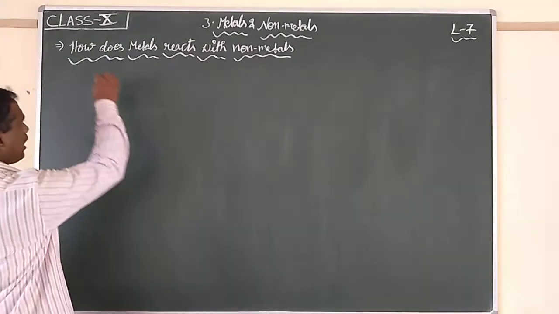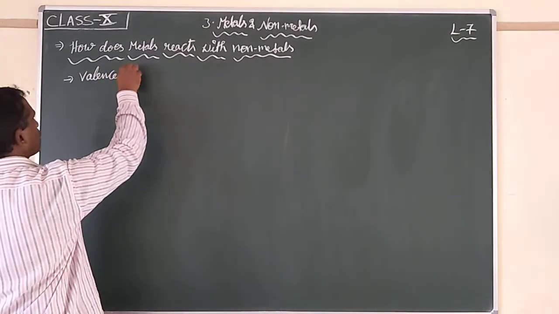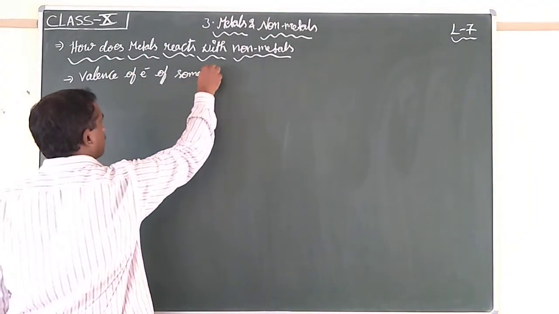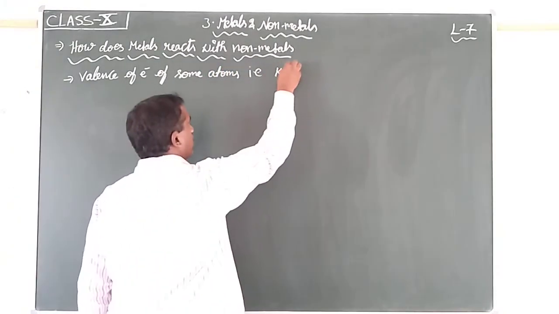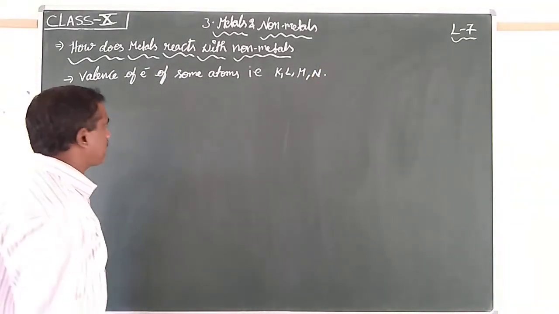So let us see the valence electrons of some atoms, by distributing the electrons in the K, L, M, N shells.